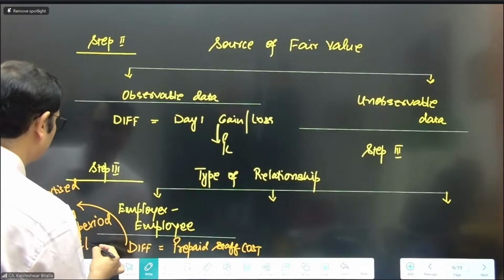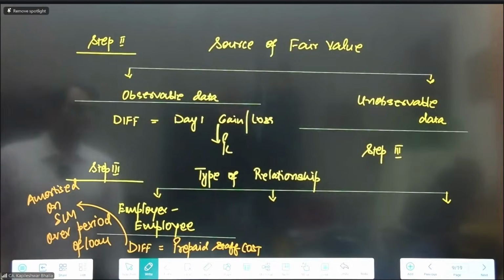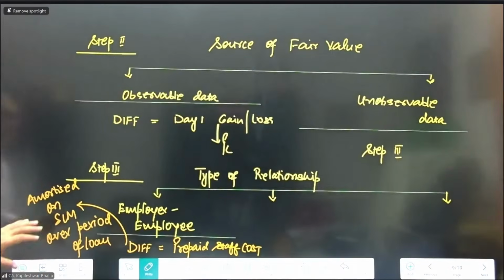Whatever is the period of the loan, this is going to be spread over it, annually amortized on a straight line.